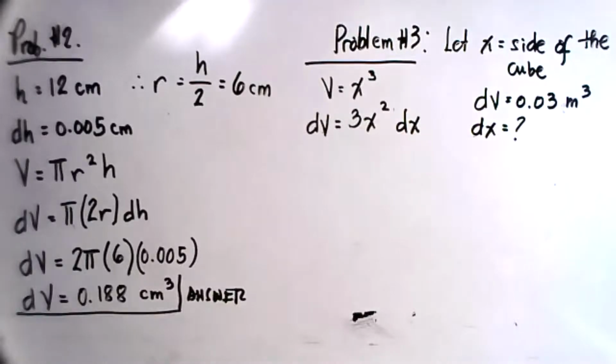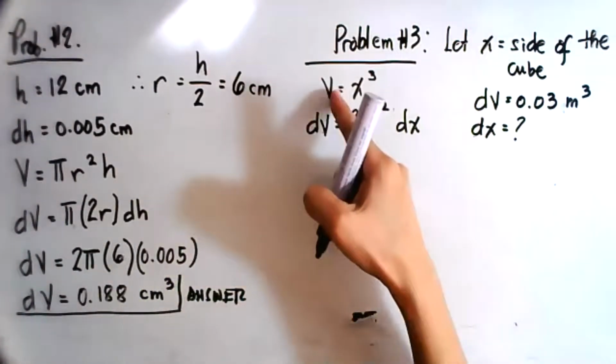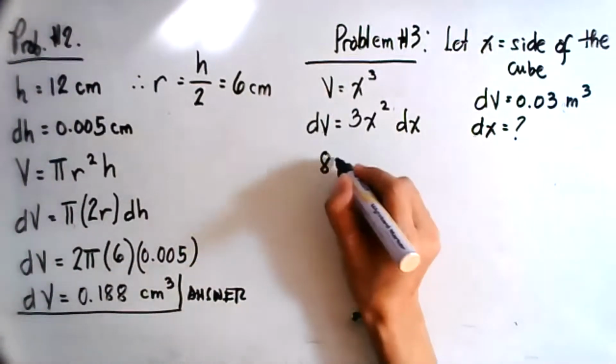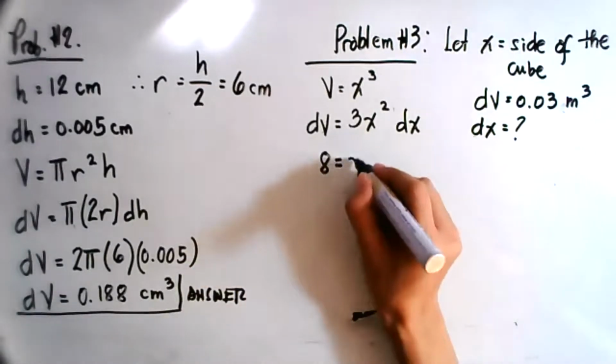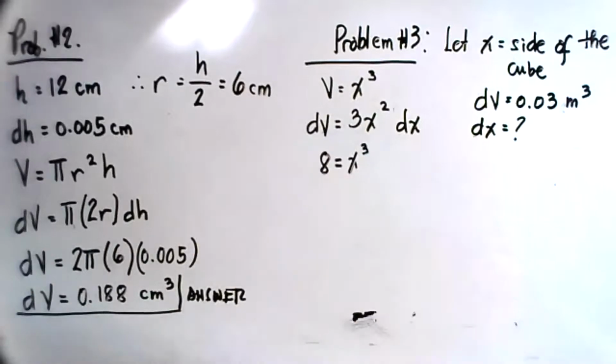Okay? So that means if the volume is 8 cubic meters, we have 8 is equal to x cubed.